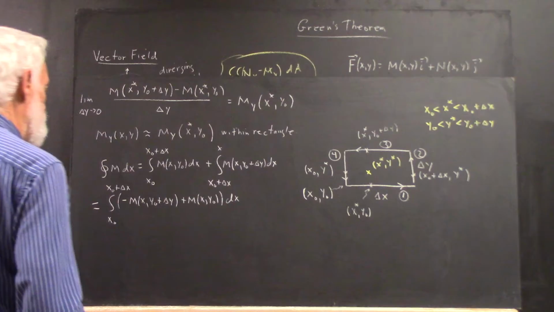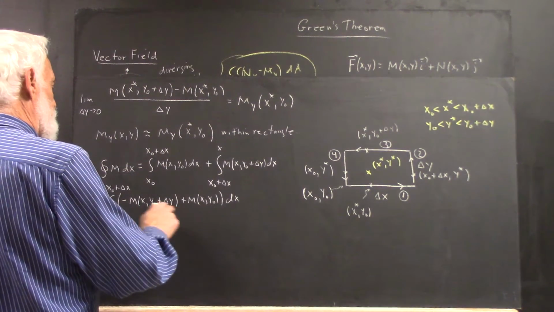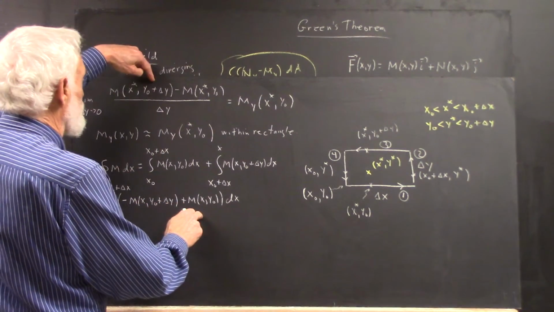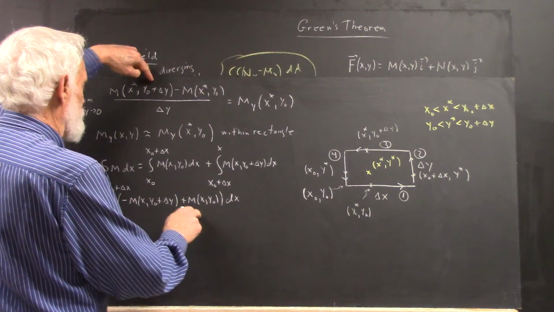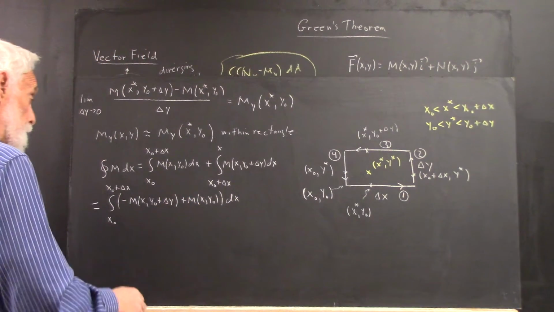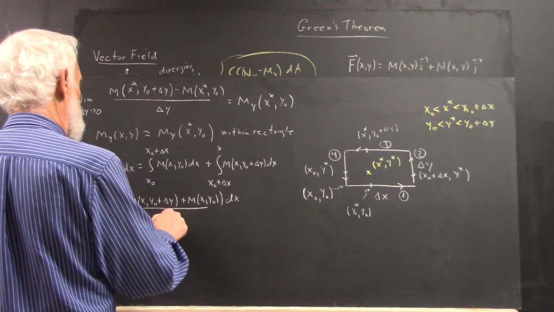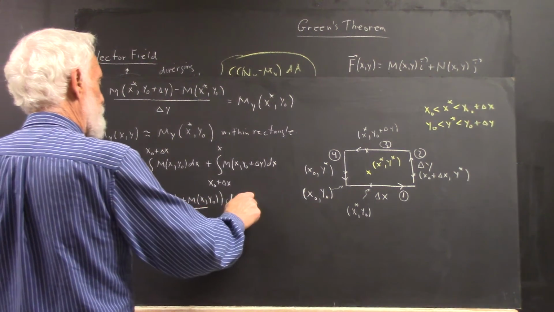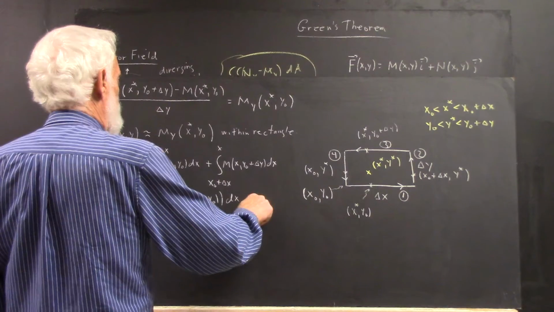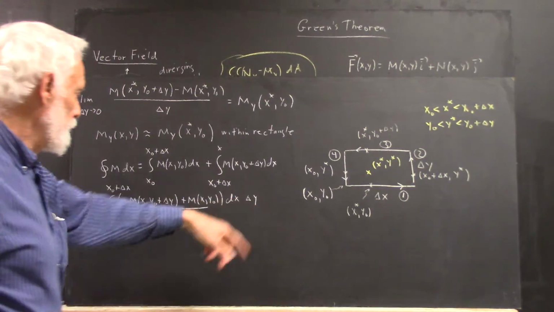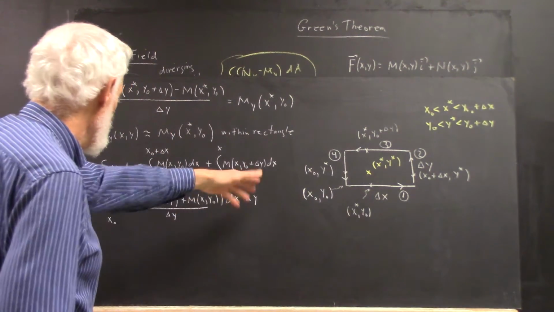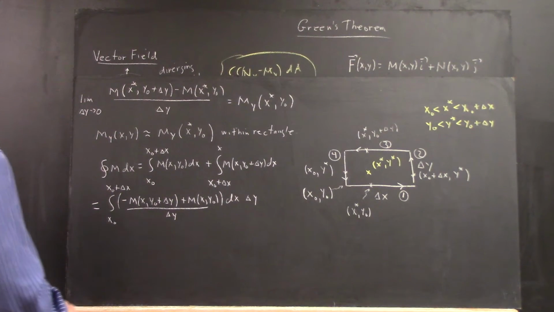Now, what I want to observe is that this is just the numerator we have here, except I have an x instead of an x star. I'm going to divide this by delta y and multiply this by delta y, being a constant. You can multiply it anywhere, but I'm going to put it on the end over here.